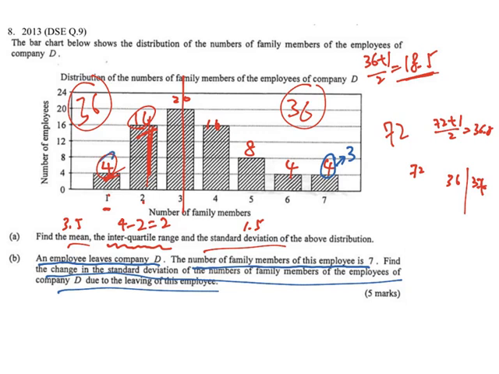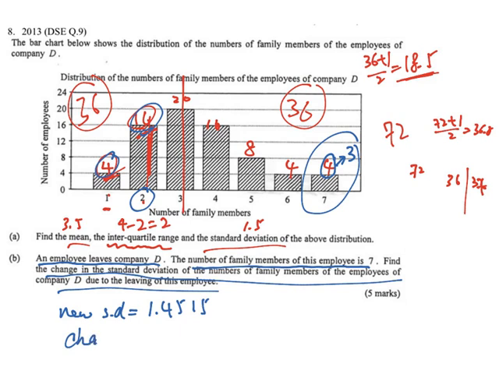That means 1 shift 4, 2 shift 16, until the last one, 7 shift 3. Then press shift 2 2 EXE. You can find the new SD is 1.4515 something.